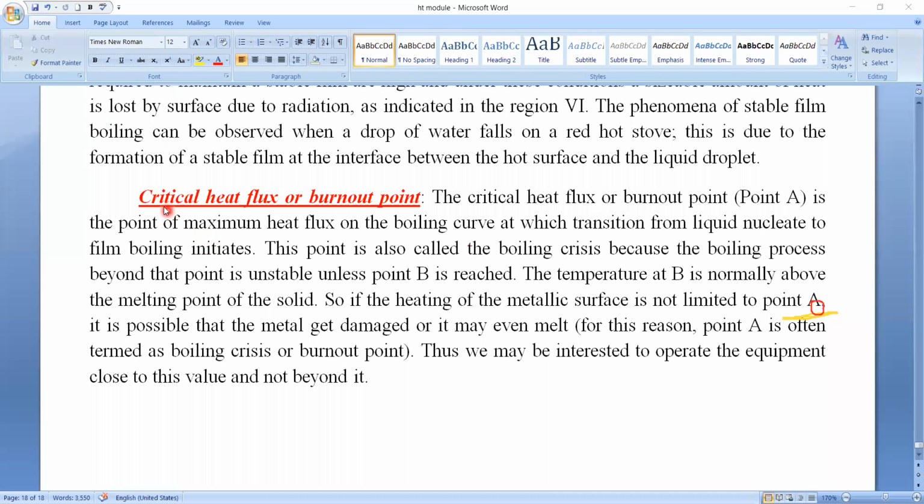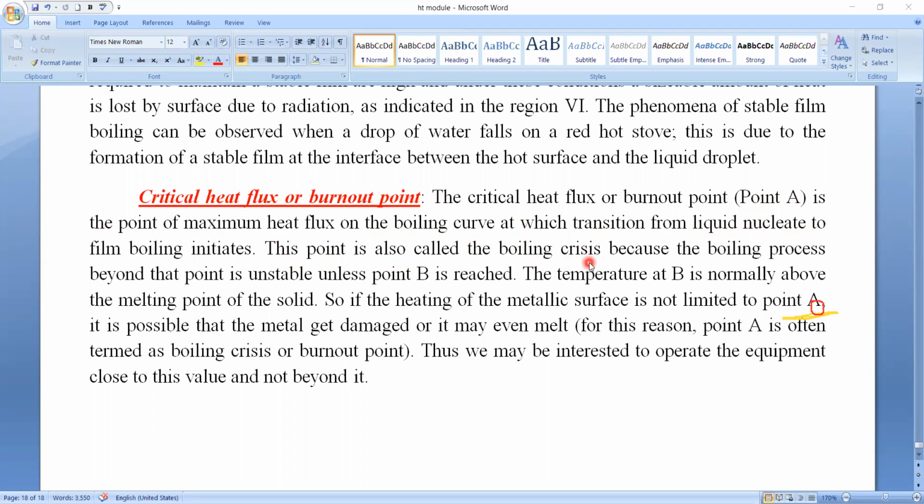Now, what do you mean by critical heat flux or burnout point? The critical heat flux or burnout point, the point A, is the point of maximum heat flux on the boiling curve at which the transition from nucleate boiling to film boiling initiates.